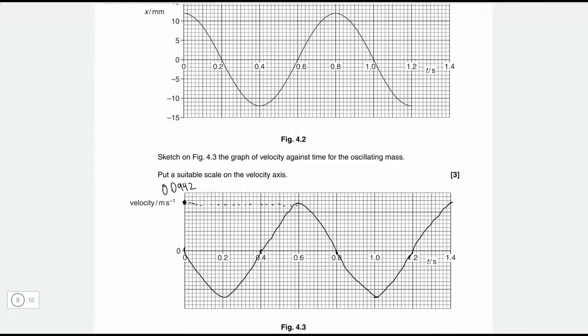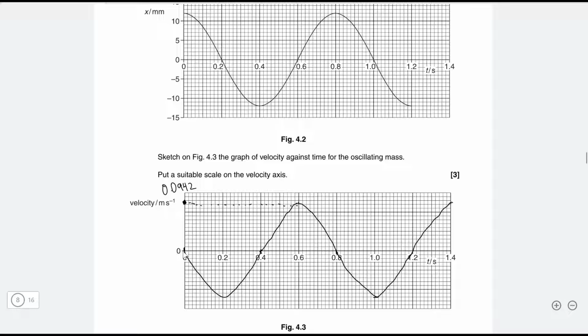Okay, so here is my graph. Now, a couple of things to notice. First of all, the velocity time graph is the gradient of the displacement against time graph at any point. Now, initially the gradient is negative, therefore we're going to start with a negative velocity.